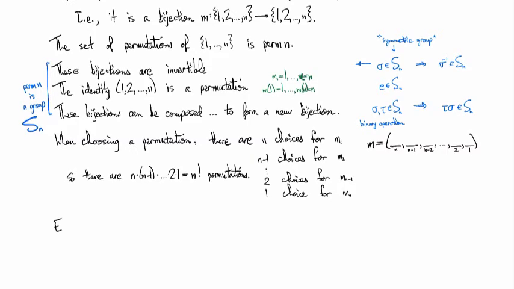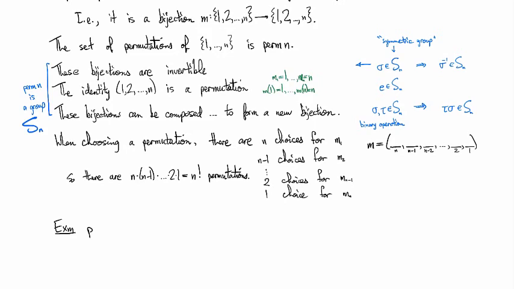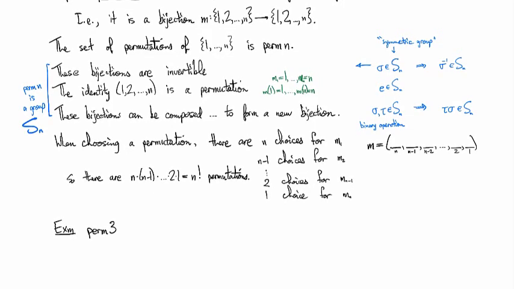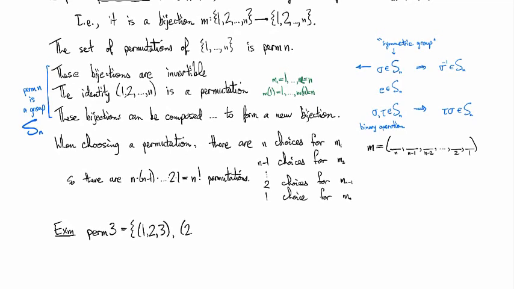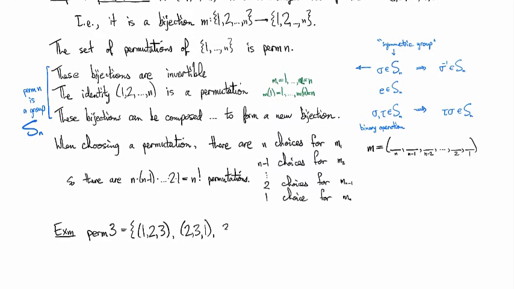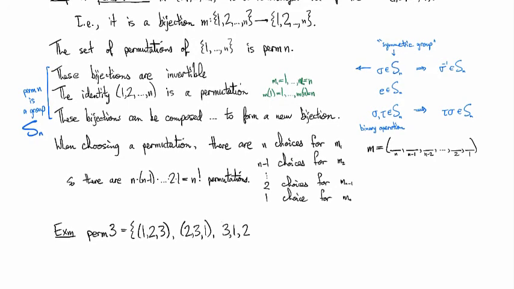So let's look at the permutation group on 3 elements, Perm 3. So what do we have? We can have the identity 1, 2, 3. We can have 2, 3, 1. We can have 3, 1, 2.